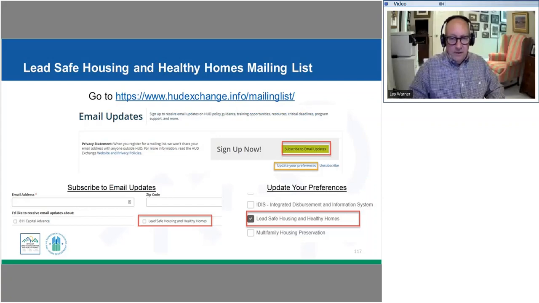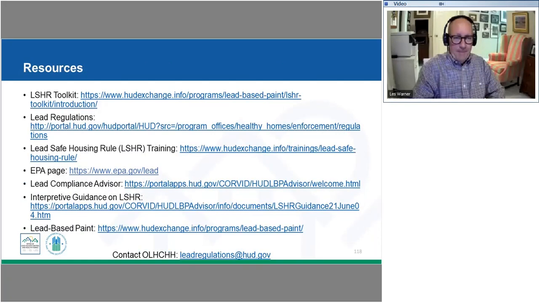As part of the HUD Exchange, there's a preference list of all the types of programs or requirements that you want to be kept up to date on, and you can simply add that to your preference list. Probably a lot of you already have registered for that, but you might not have Office of Healthy Homes and the Lead-Safe Housing Rule as part of that designation.